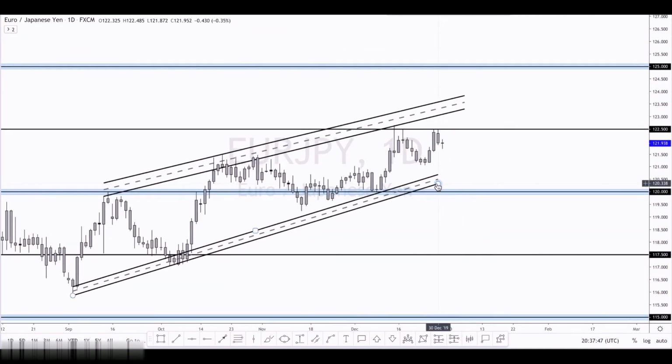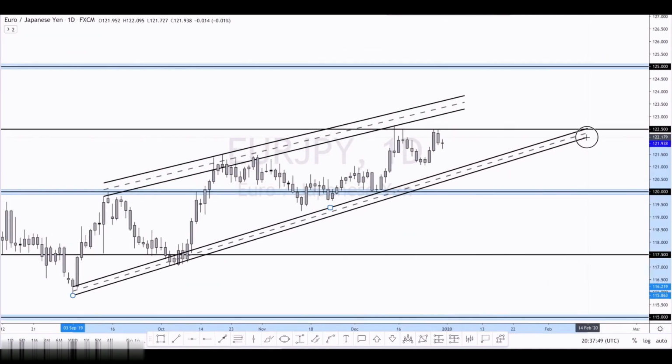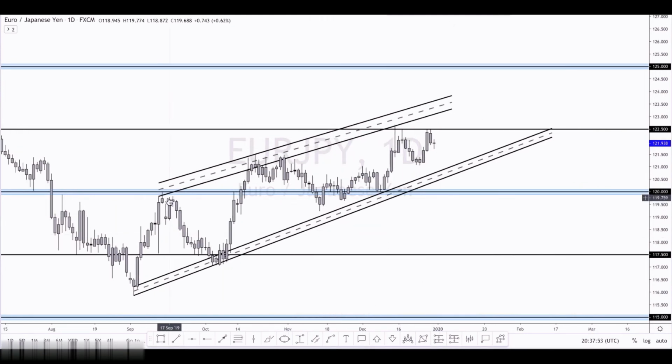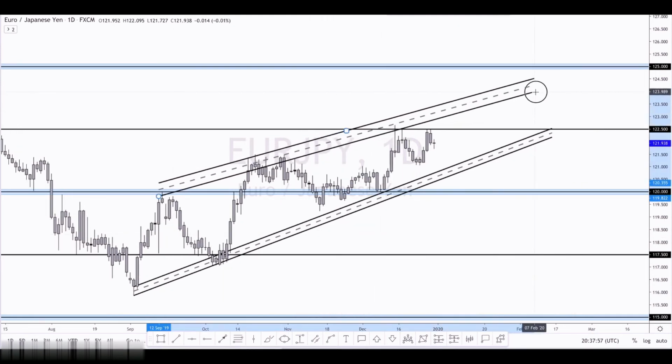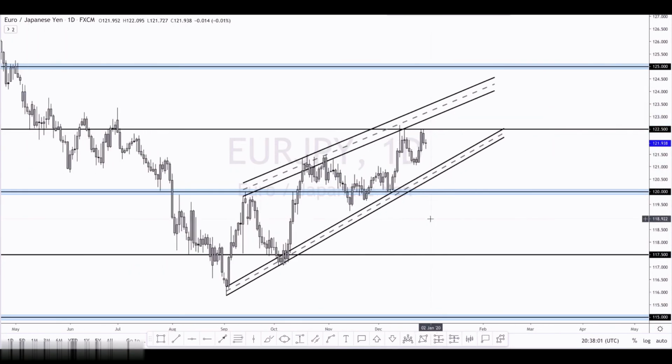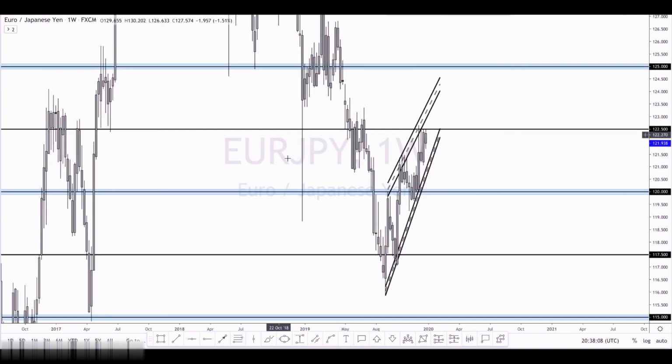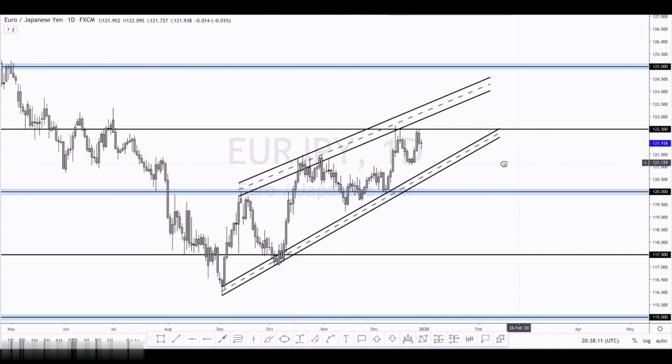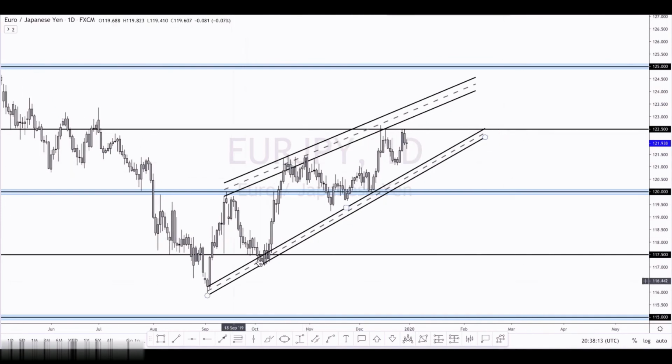But now we get to have a bit more of a detailed estimate of where and when this market may change direction, because right now you can see we're trading bullish, but it's more of a rising pattern. When you take a step back and look at the weekly, you can see we're in a wide rising pattern. So this pattern may not last for long, but right now you're seeing good opportunities to get back in the trade.